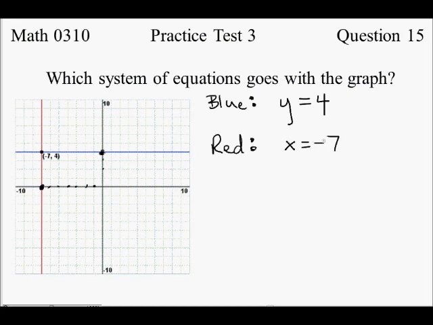We can see where we're getting this intersection point now, where x is negative 7 and y is 4. A combination of both of these equations here would give us that point. And so looking down our answer choices, we want to find the system of equations that matches those, x equals negative 7 and y equals 4, and that is answer choice C.